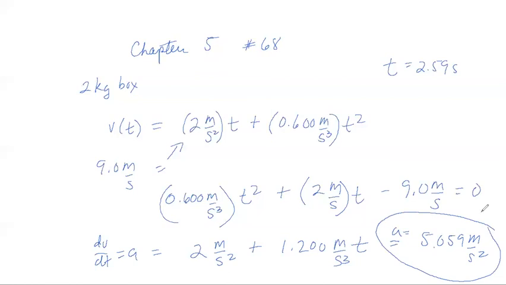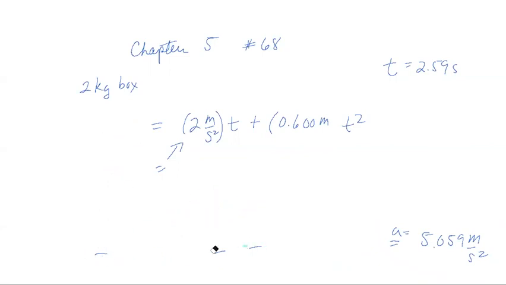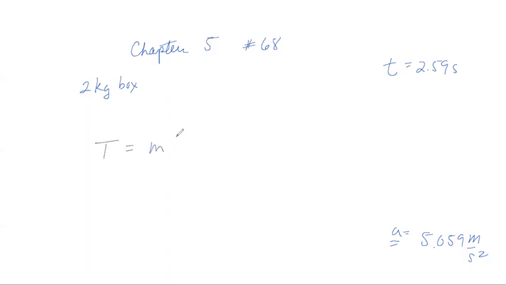And once again, like that other problem we did, the tension has to overcome gravity. So let me erase some of this. T is equal to m times g plus a.